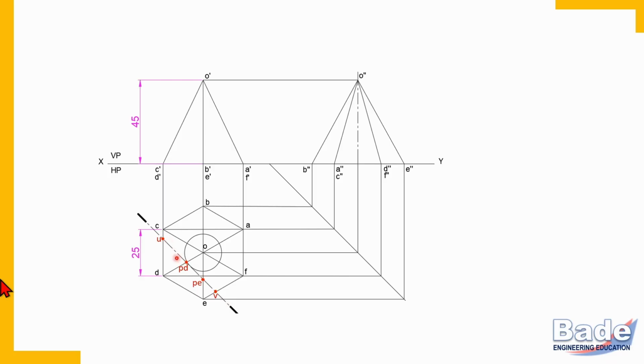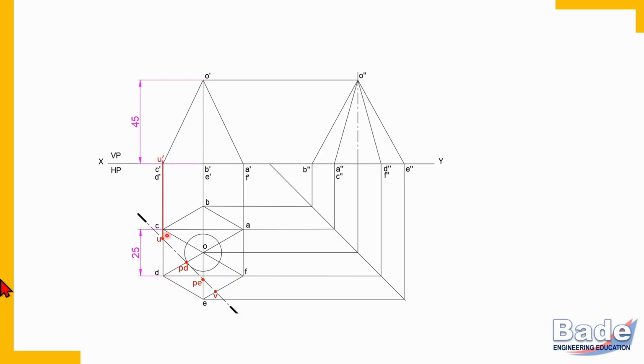Okay, so the section has 4 corners. So it is a polygon with 4 corners. Not necessarily an exact square or rectangle or rhombus, but it is a polygon with 4 corners. Let's transfer these points in the side view and in the front view.